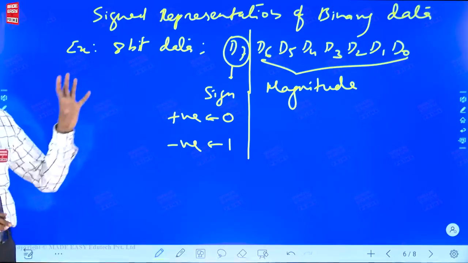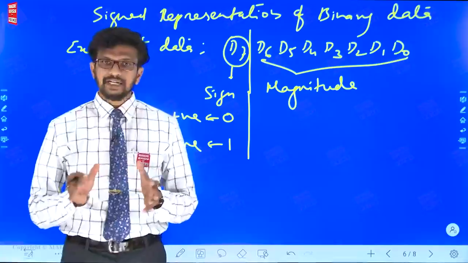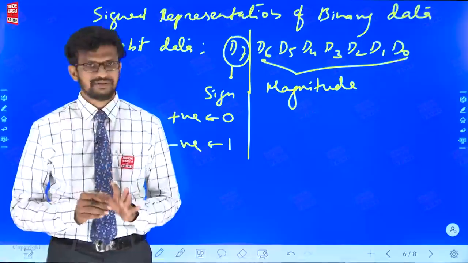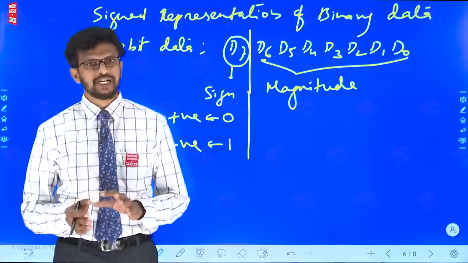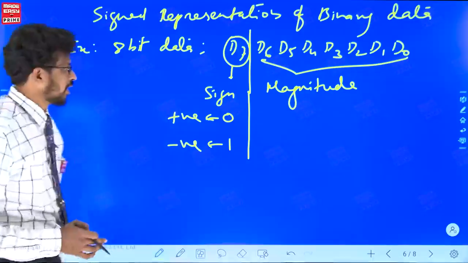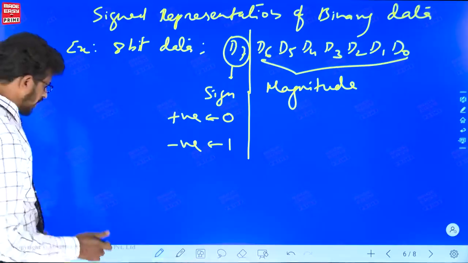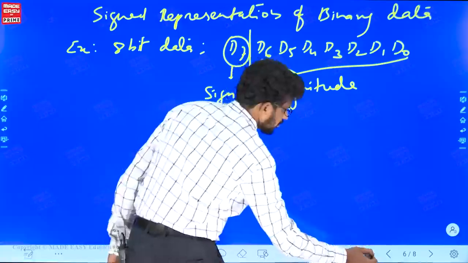But for the signed representation, or representing binary values as positive or negative, there are 3 methods to consider. How to take the sign to represent the values in positive or negative? So in the positive case, all of them are the same.